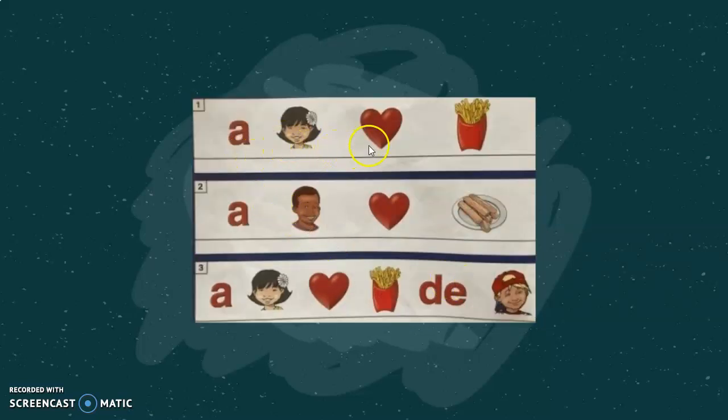A Isabel le gustan las papas fritas. Okay, here we have to look here. And then we have to make this say le gustan. Número 2. A Pablo le gustan los churros. Muy bien. Número 3. A Isabel le gustan las papas fritas de Antonio. Muy bien.